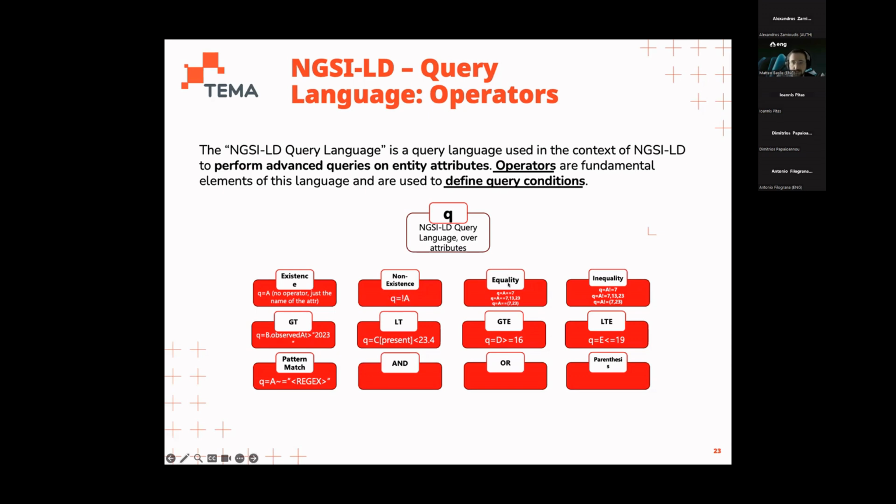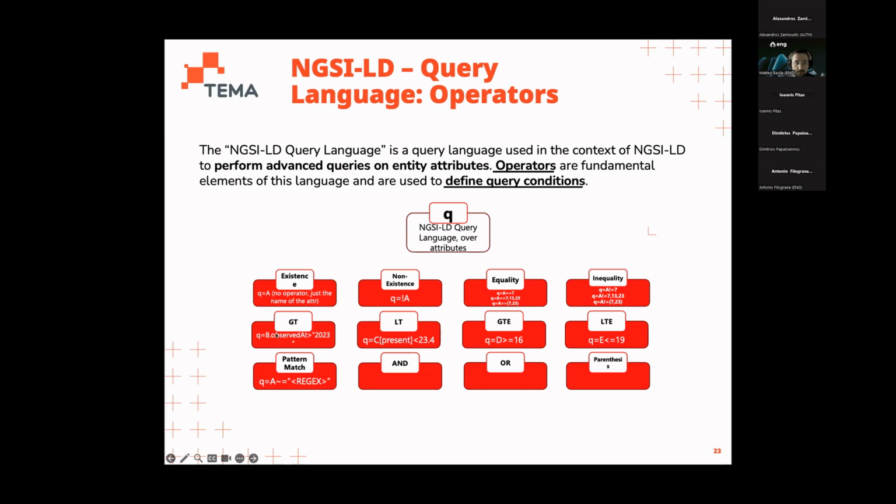In this case, the entities that have the A attribute in the JSON, and the A attribute is equal to 7, or is equal to 7, 13, or 23, or is in the 7 to 23 range. And we have different query language operators that we can use when we interact with the NGSI-LD context broker.